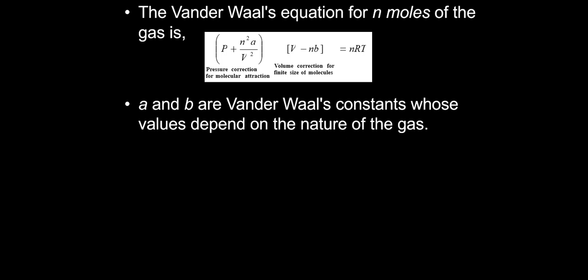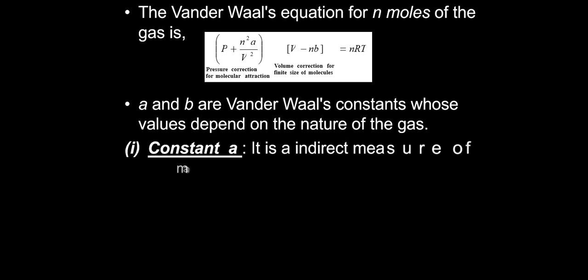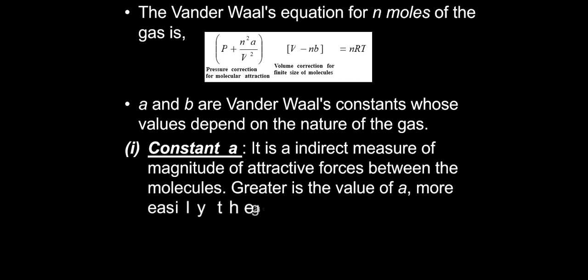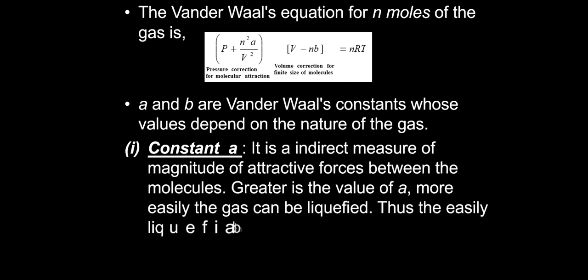So let us first see the constant a. It is the indirect measure of the magnitude of attractive forces between the molecules. Greater the value of a, very important, more easily the gas can be liquefied. There is our answer. So the value of a decides how easily the gas can be liquefied. If the value of a is more, the gas will be easily liquefied.